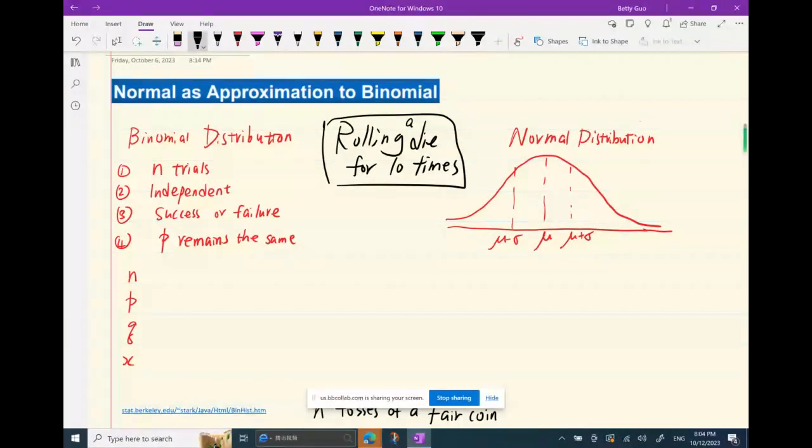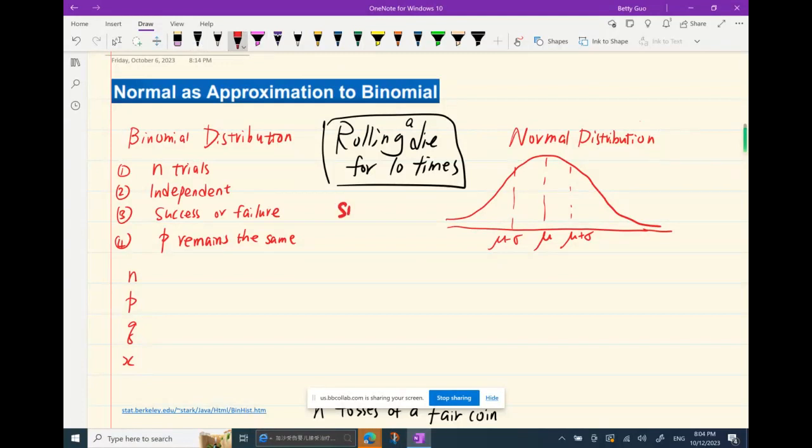Second condition, all the n trials are independent. In our experiment, the 10 trials rolling the die are independent. Number three, for each trial, the outcomes can be classified into two categories. One category is success, the other is failure.